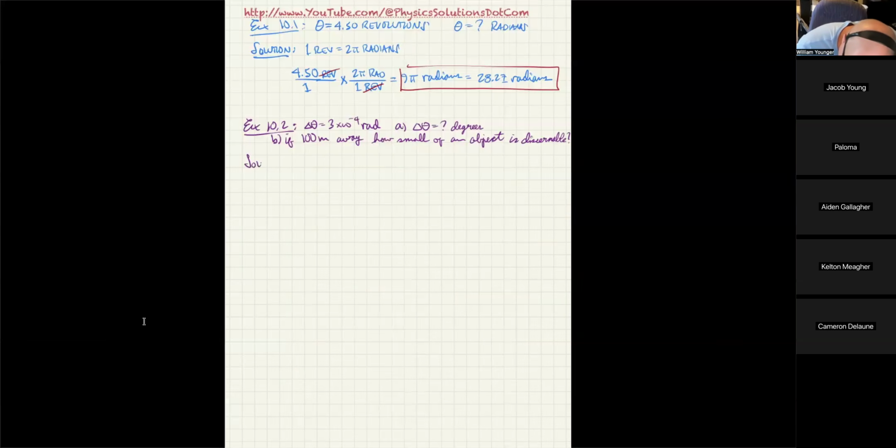Now, solution, we know pi radians is equal to 180 degrees. That's one way of doing it. Now, we also have some information that S is equal to R times theta that we can make use of. You're not necessarily going to see how to use that yet, but you will in a second. So for starters, for part A, we're going to say 3 times 10 to the negative fourth radians over 1 times pi radians in the bottom, 180 degrees on the top.